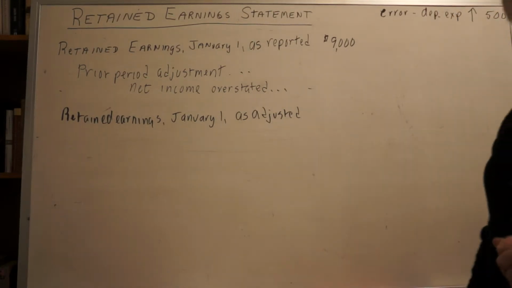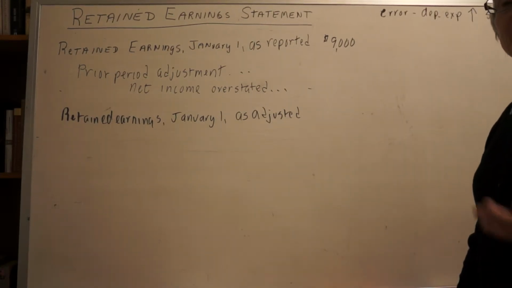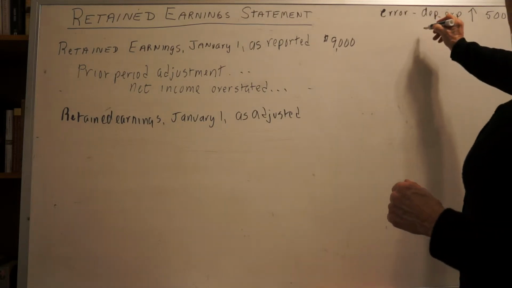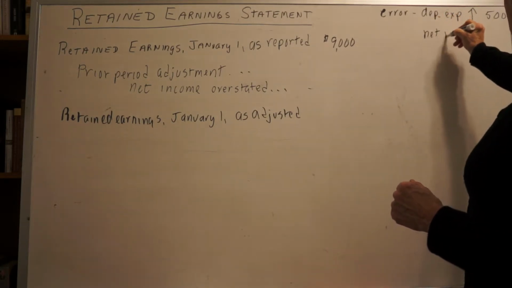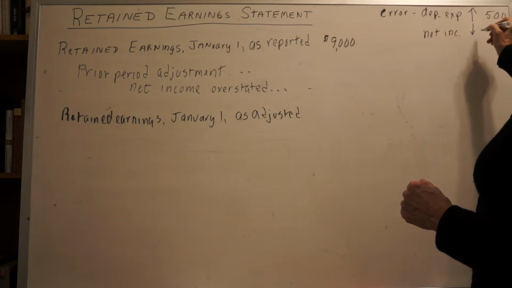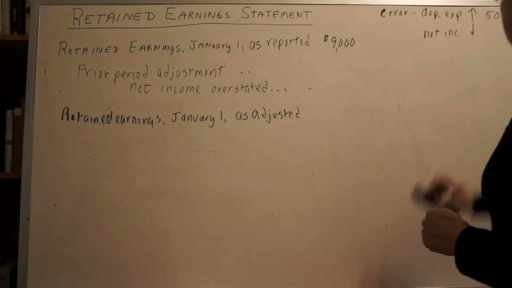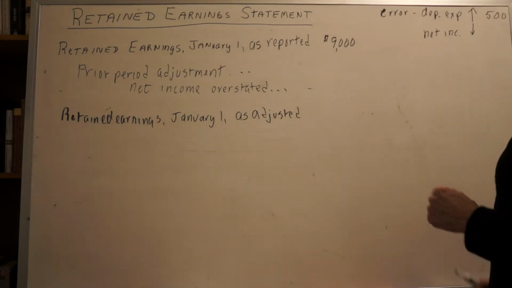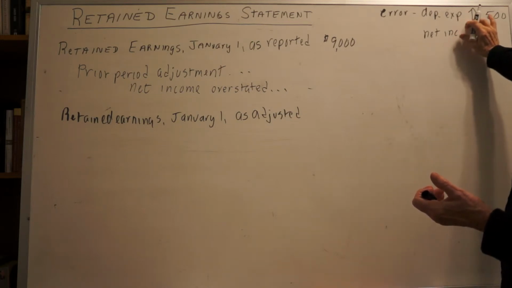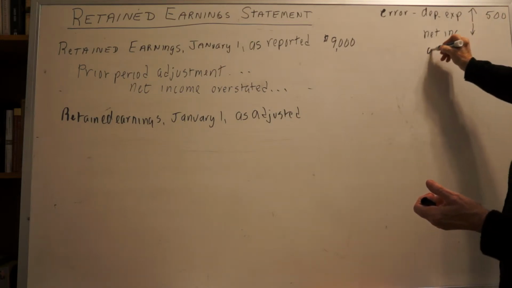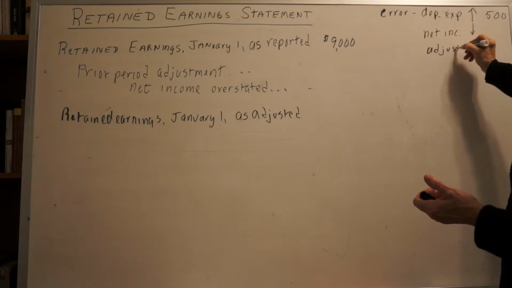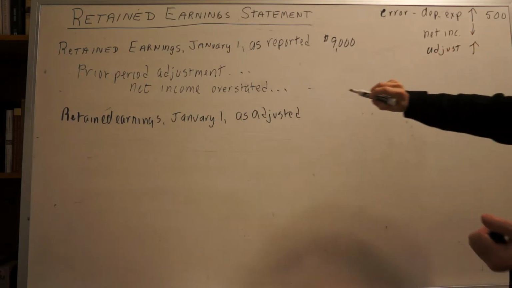Now if the expense last year was too high, overstated, that means that net income last year was too low. Sometimes it's good to just say if depreciation expense was too high, then net income was too low, and when we make the adjustment, we have to adjust up.